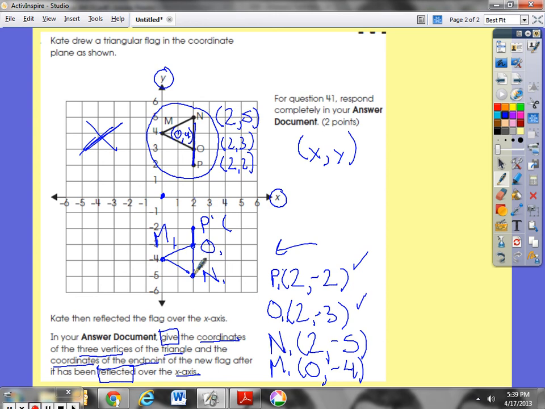The new one should be the opposite y, so it's 2, -5. Check. And the other vertex of my triangle, M, was originally at 0, 4. If I reflect it over the x-axis, it'll now be at 0, -4. Check. I feel very confident in this, and I will stop and go on to my next question.